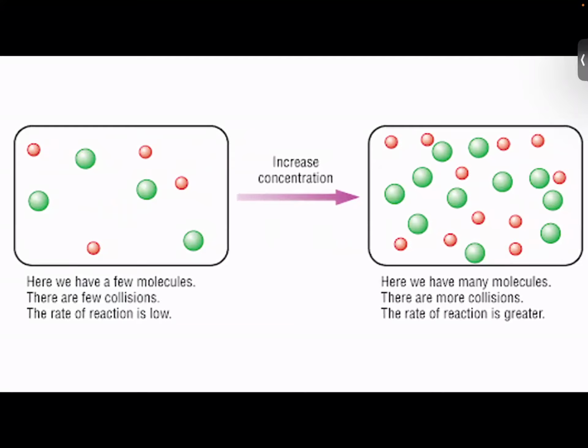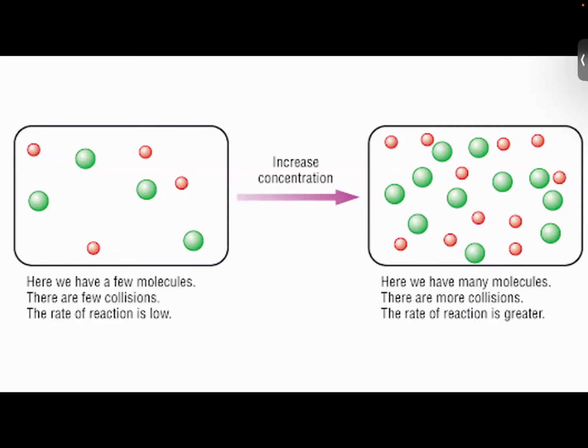There are three things that impact collision theory, and the first is concentration. Basically, collision theory asks, does a reaction occur? The only way a reaction is going to occur is if reactant A and reactant B collide. If they don't collide, you're not going to get a reaction.